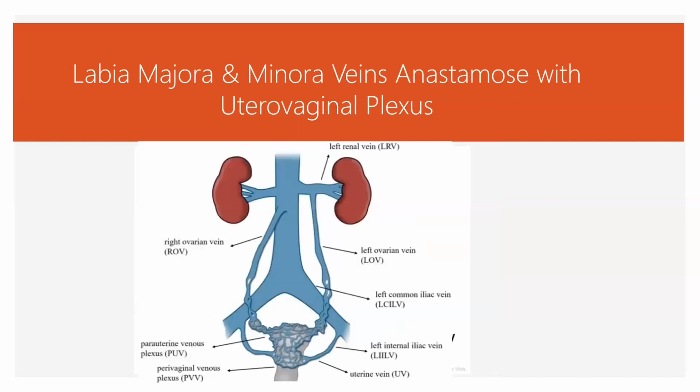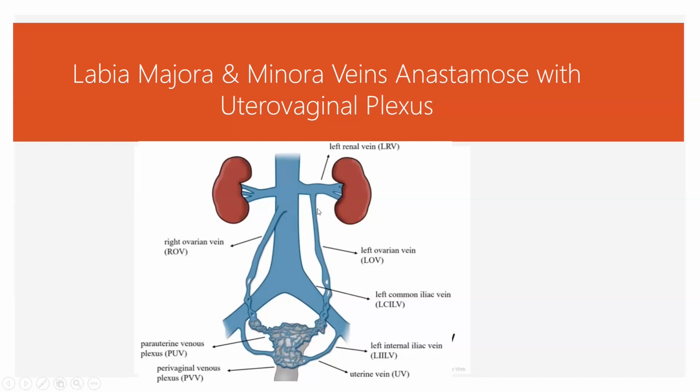So we have these venous plexuses that are really important too for draining. The uterovaginal plexus right here is going to drain not only into the internal iliac vein, which then goes into the common iliac veins and the vena cava on both sides, it's also draining into the ovarian veins.